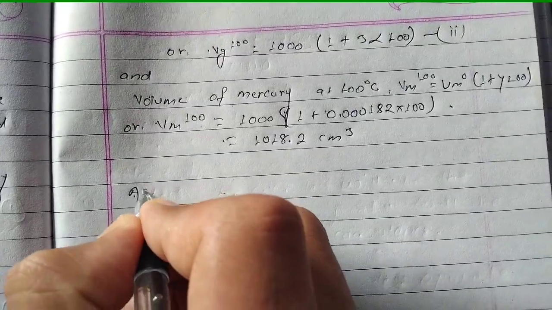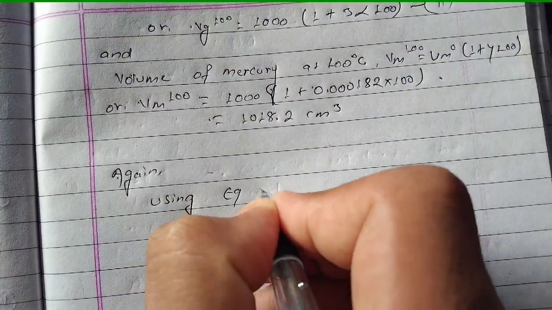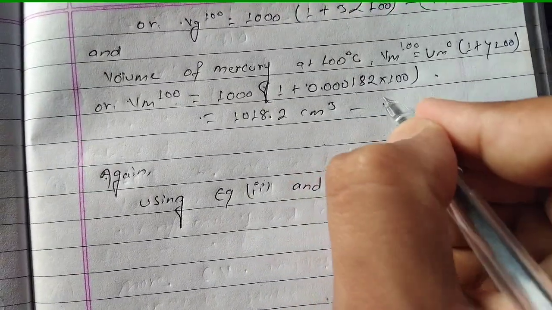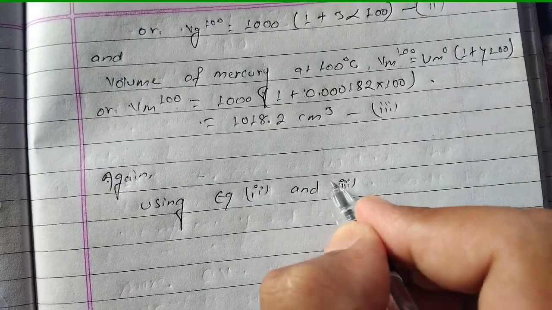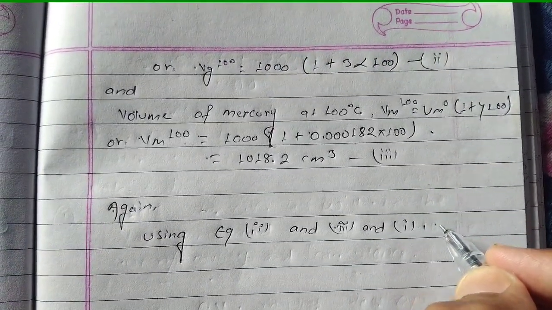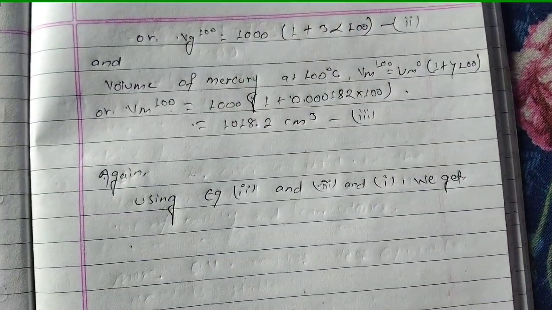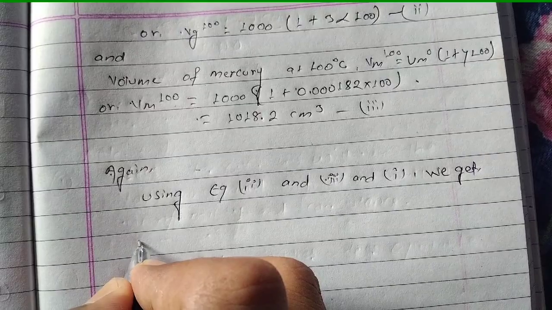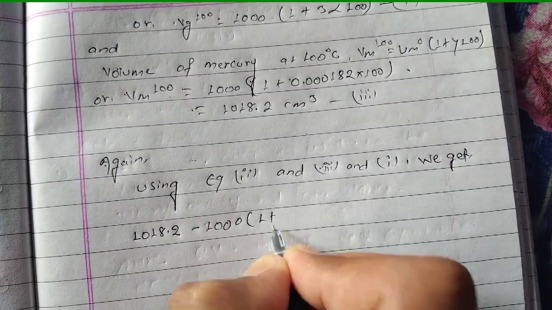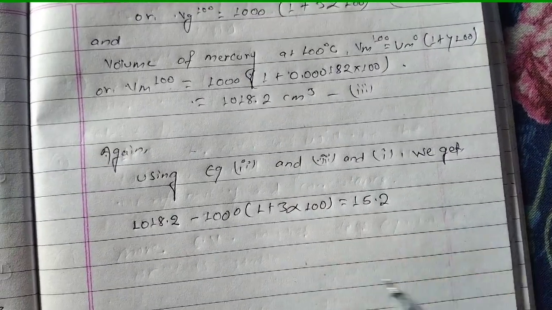Again, using equations 1, 2 and 3, we get 1018.2 minus 1000 into 1 plus 3 alpha into 100 equal to 15.2 overflow.